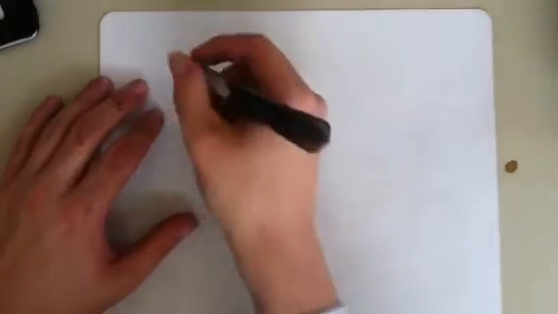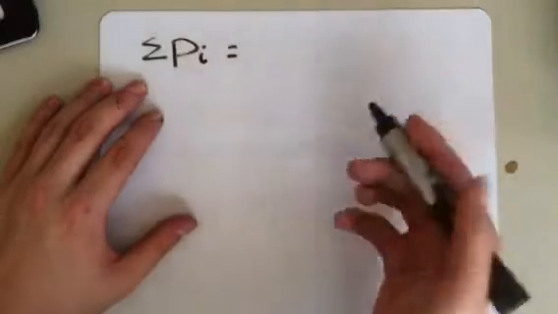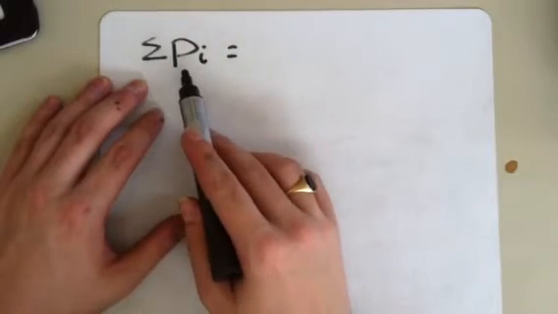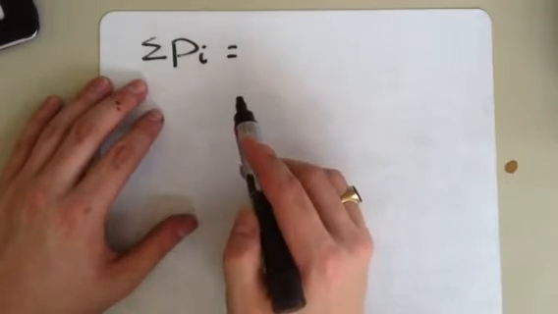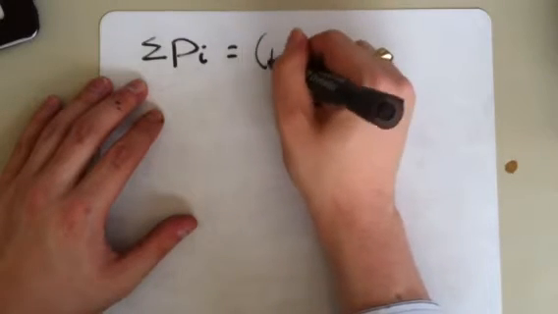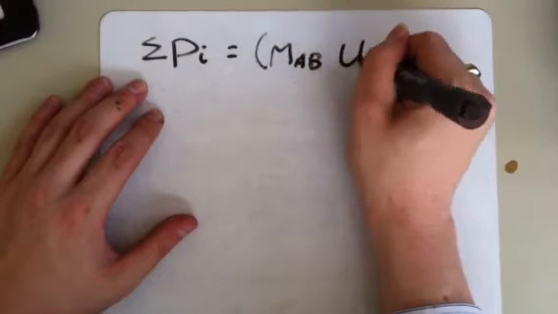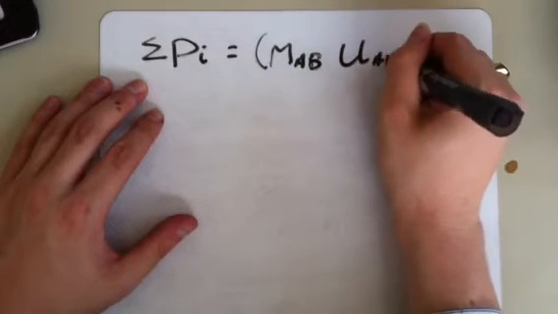So we start off, let me just make sure this is lined up, there we go. We start off by doing what we've always done and found the sum initial momentum. If you remember what our symbols mean, sigma, sum of, P is momentums, and I is representative of the initial situation. So this is going to be the mass of AB times the initial velocity of AB.